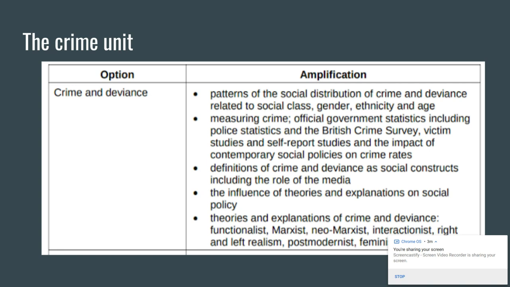The other theories we'll do: functionalism again, Marxism, which we'll split into neo-Marxism, interactionism, your labelling idea, postmodern theories of crime, which links a lot back to the media, feminism, and then subcultural theories, which look specifically at subcultures, so young groups of people and why they commit crime. It's a brilliant unit. I love it. It's hard. There is a lot of theory in there, but hopefully it will be interesting to all of you.